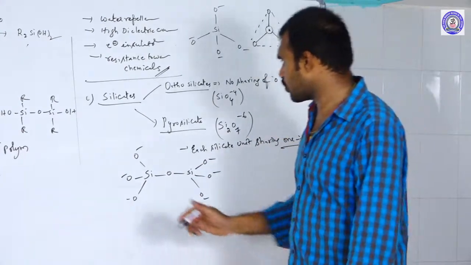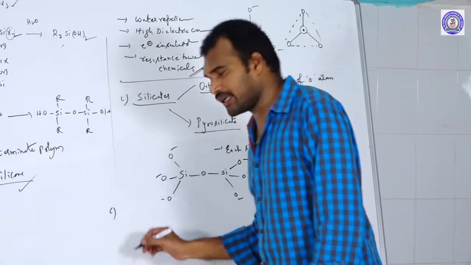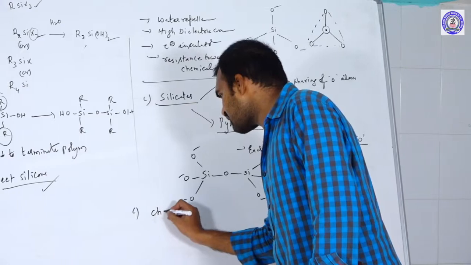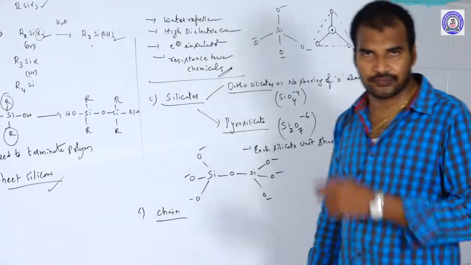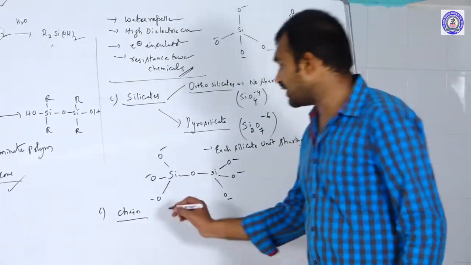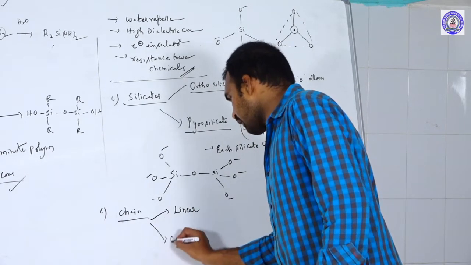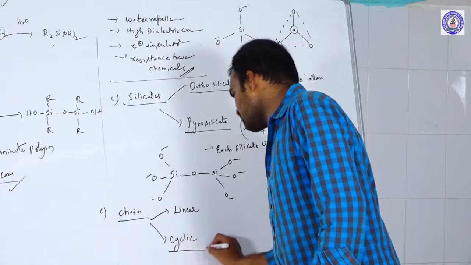So there are two types of silicates, and one more type: chain silicates. Chain silicates are again of two types, linear chain and cyclic chain silicates.